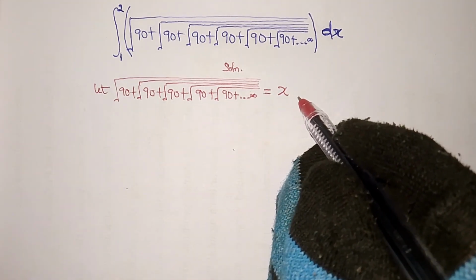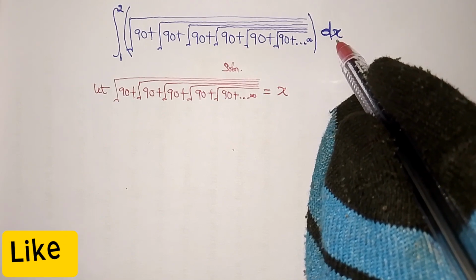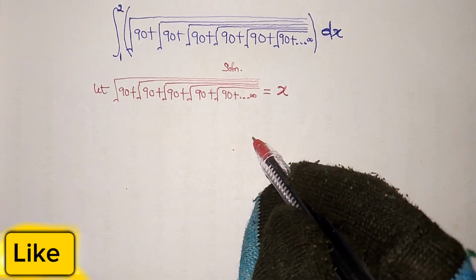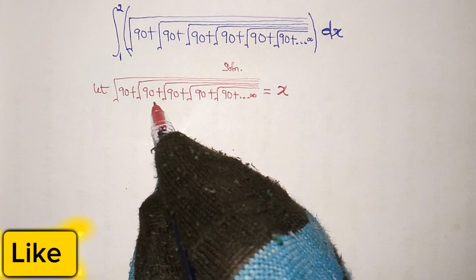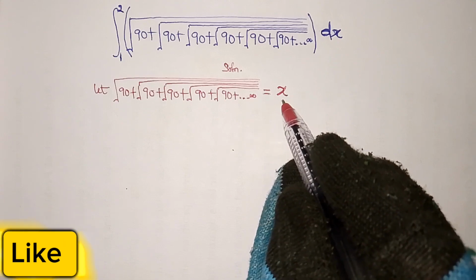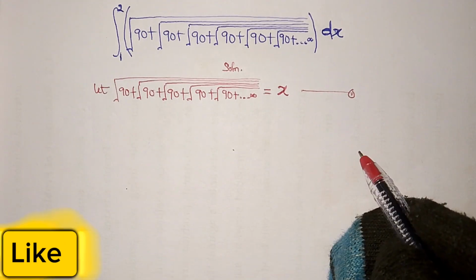We are taking x because here we have the x, so that's the reason why we are taking x there. So we let this whole expression be equal to x. So this now becomes our first equation.